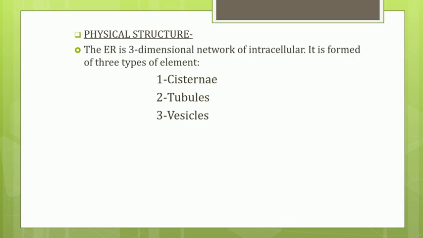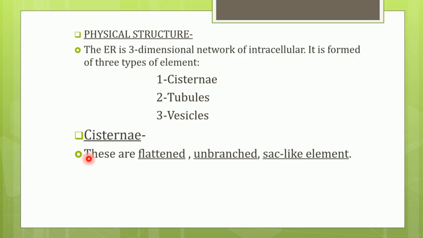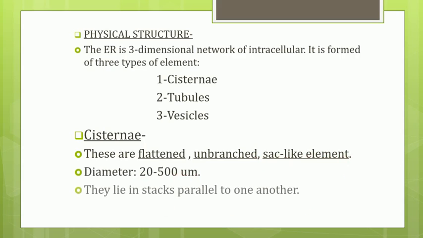The first we'll see is the cisternae. Cisternae means flattened, unbranched, sac-like structures. Their diameter is between 20 to 500 micrometer. They are present in stack-like structures which are organized parallel to one another.